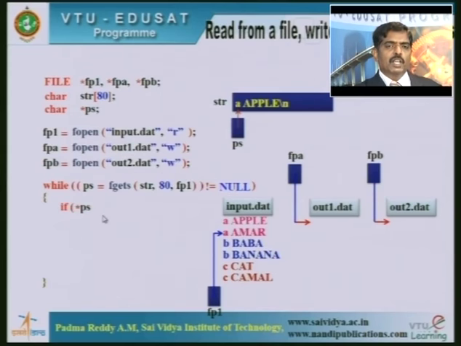Here we check if star ps is equal to A. Now look here, ps points to the beginning of the string. What is the first character it is pointing to?